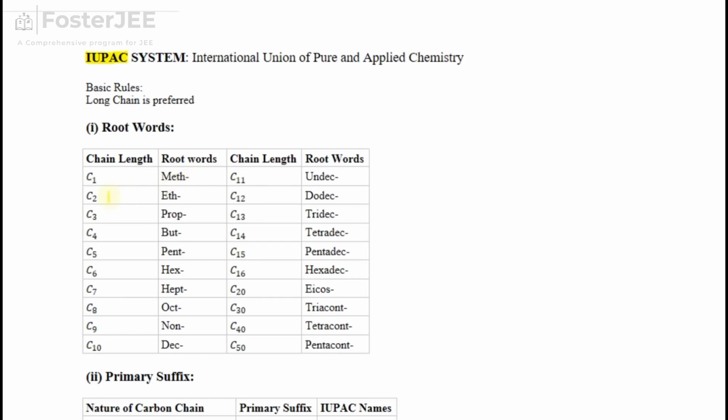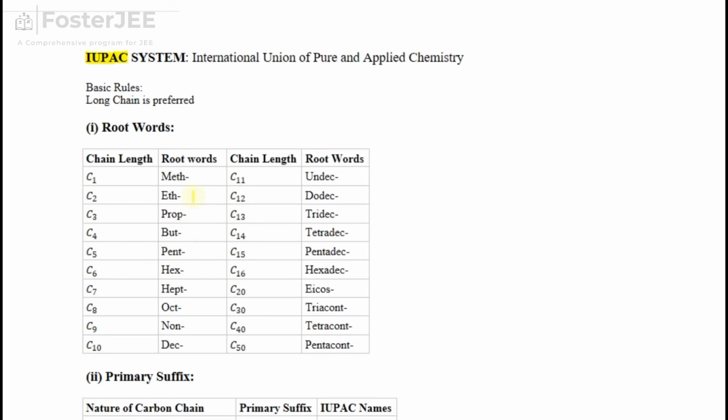If 2 carbon atoms are linked, then the root word is eth. Similarly, for 3 carbons, prop; 4 carbons, but; 5 carbons, pent; 6 carbons, hex; 7 carbons, hept; 8 carbons, oct; 9 carbons, non; and 10 carbons, dec is used as a root word.